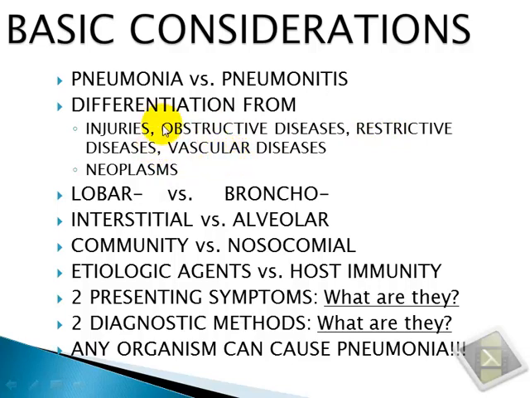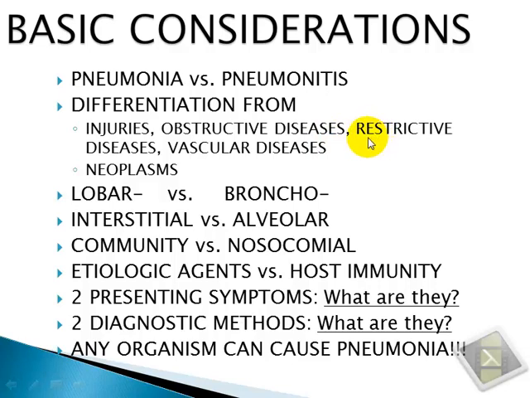Why do we have to differentiate? Because almost all of these diseases may lead to pneumonias. Any kind of injury or obstruction to the lungs, all these obstructive lung diseases, chronic bronchitis and bronchiectasis, are known to cause pneumonias.